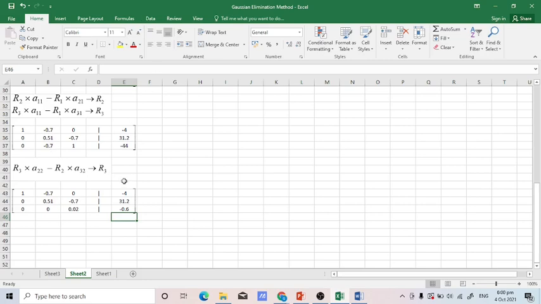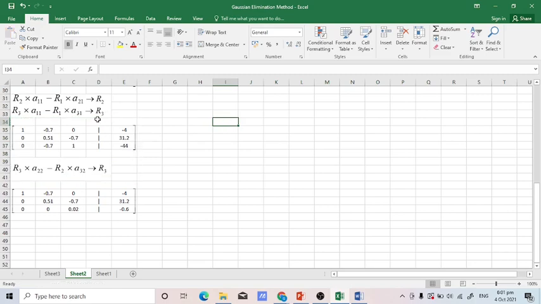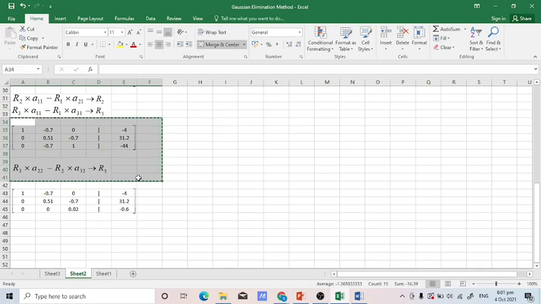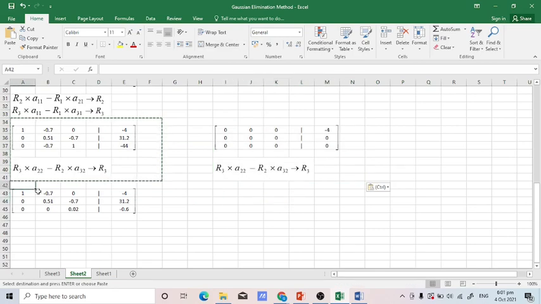Actually, may shortcut, no? Pakita ko lang yung shortcut niyan using Excel. So, ang shortcut niyan is this.